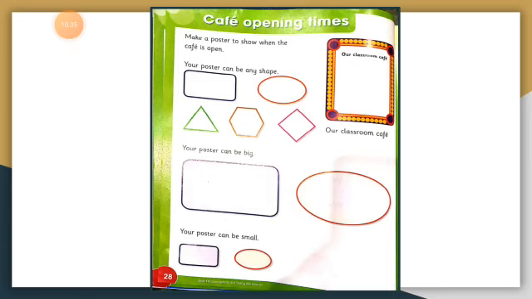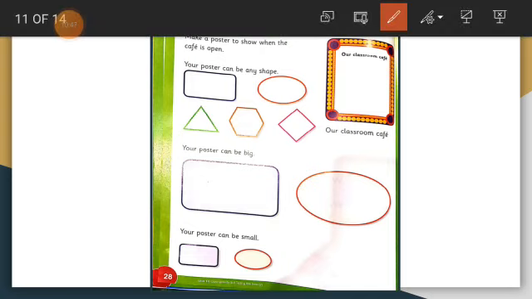cafe opening times. Here on this one page we have different examples of the poster. This was the poster which we have already done. We have written the timing inside. Now, if you want to change your poster, you can make it in any shape.